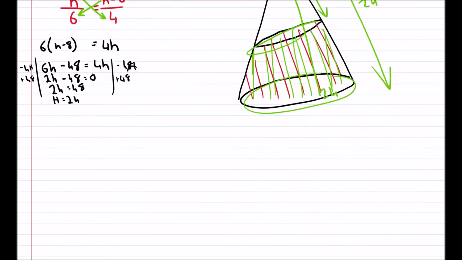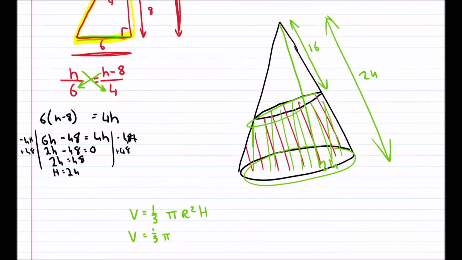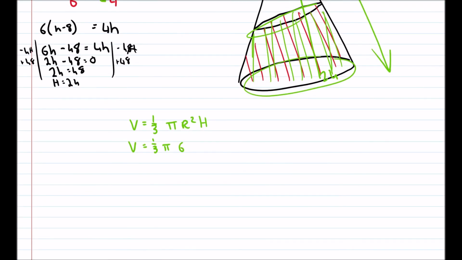I'm able to do that because I have the height of the whole cone. It's 24. I have the height of the small one now, it's 24 minus 8, which is 16, and I have the two radii from over here. Okay, so let's get the volume of the big cone first.